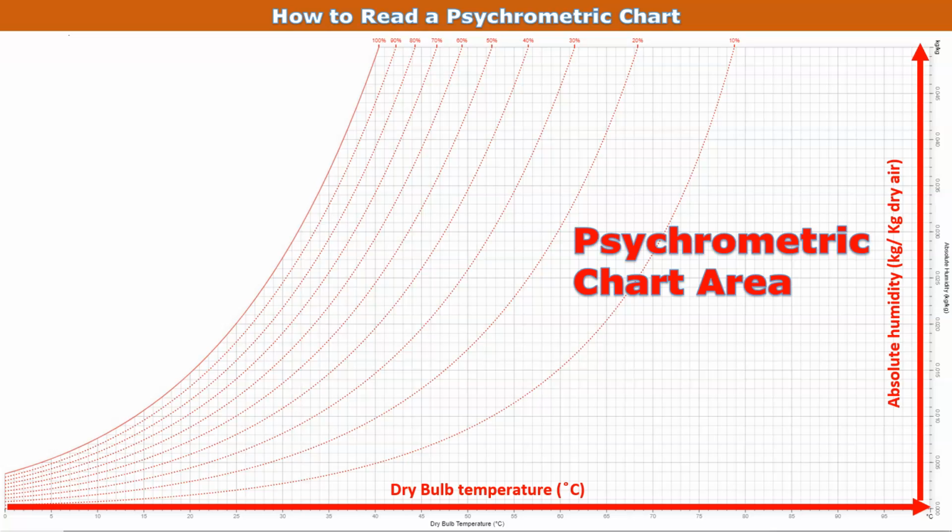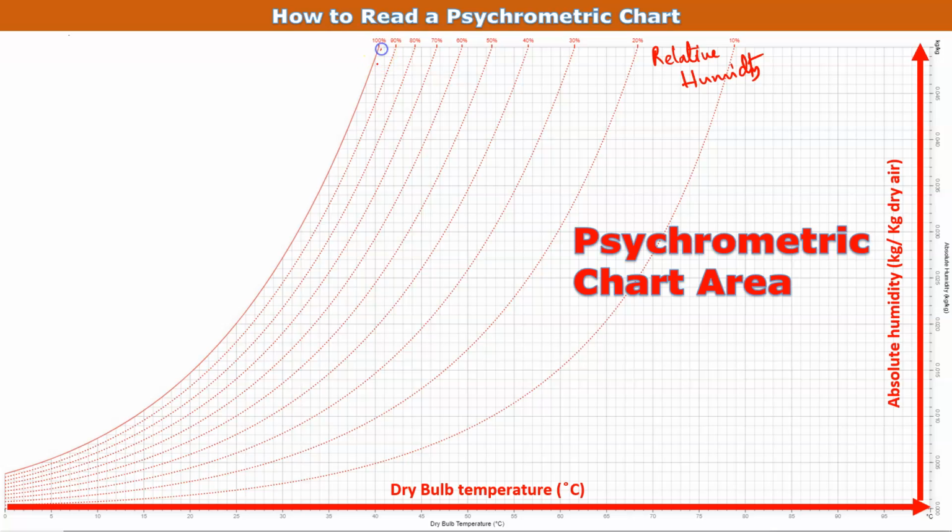Here you can see that many curved lines are present in the psychrometric chart. Each curved line represents relative humidity. So here 10% relative humidity, 20%, and so on until the end, which is the closing of the psychrometric chart.